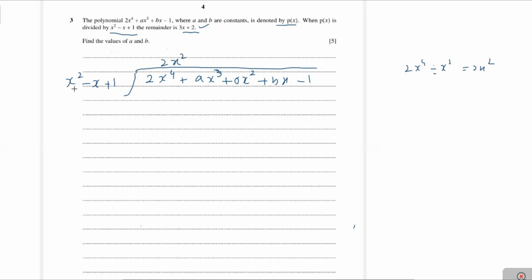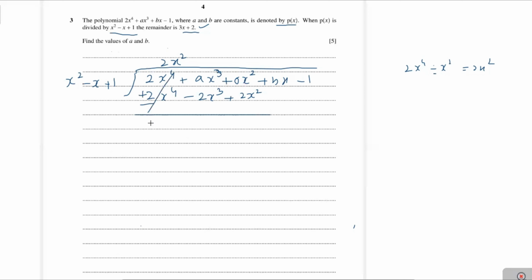When we multiply by 2x squared, x squared times 2x squared gives 2x to the 4, and minus x times 2x squared is minus 2x cubed, and 1 times 2x squared gives 2x squared. Next we subtract these expressions.